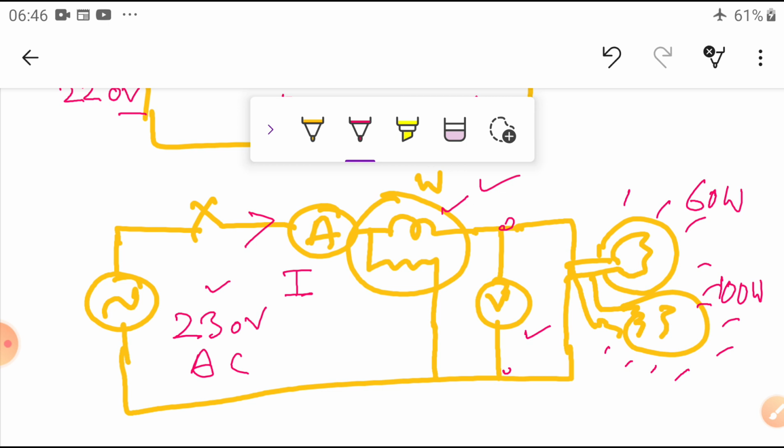So here I know the current, the voltage, and the watts by using the voltmeter, ammeter and wattmeter. Now I want to know the energy. This is voltage, current, power, and I require the energy. So how to find the energy?